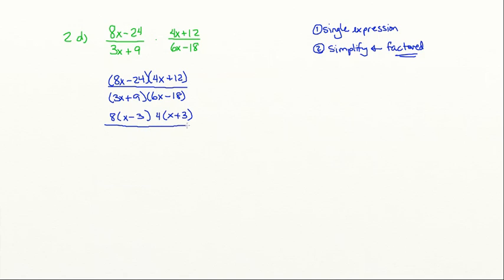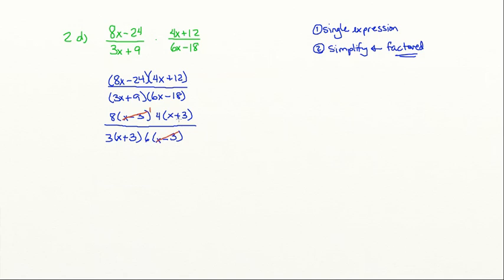Okay, let's do the denominator. We can factor out a 3. And from the last one here, we could factor out 6. I'm not even going to multiply the numbers together right now. Let's see here. We have x minus 3 divided by x minus 3, that equals 1.